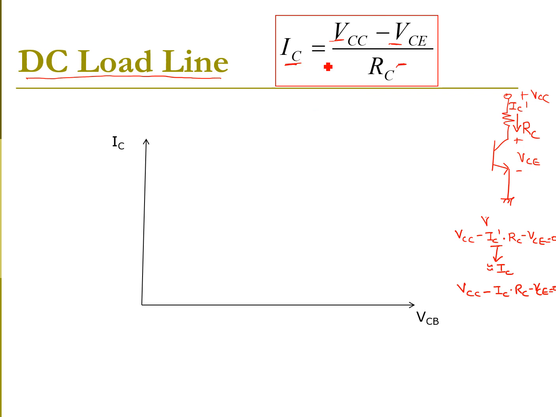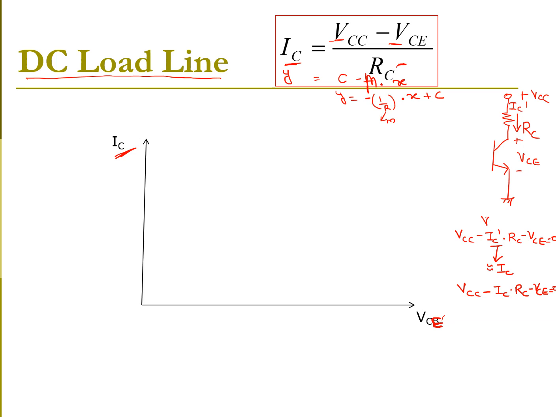Now, this is an equation of a straight line where IC is Y, VCC by RC is a constant, minus 1 by RC is M, and VCE is X. So it is Y equal to minus 1 by RC, which is the M, VCE plus C. So the Y axis is IC and the X axis is VCE. This is not CB, this is CE.